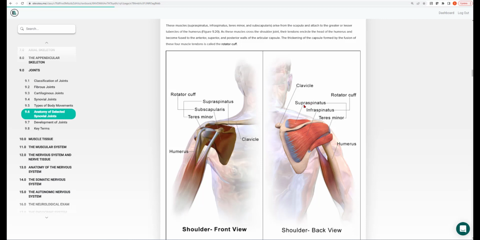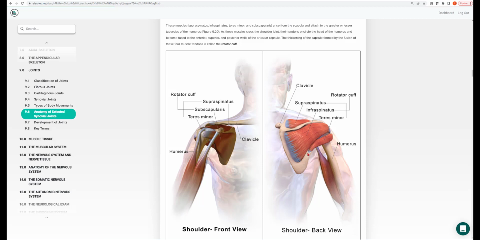Supraspinatus, superior, above the spine. So the supraspinatus sits above the spine, and it sits in a space that you'll learn is called the supraspinous fossa. Below the spine is the infraspinatus muscle, sitting in a space called the infraspinous fossa. This is the 4th of the rotator cuff muscles, the teres minor.